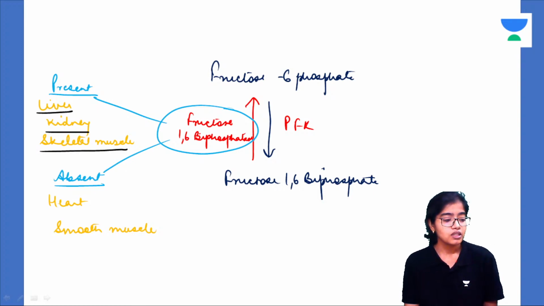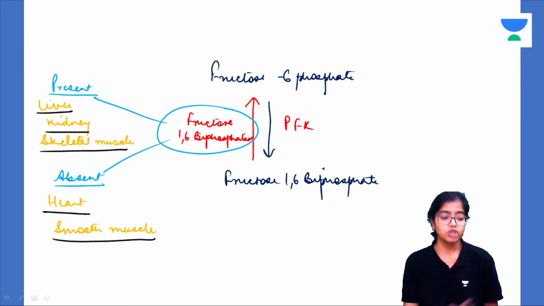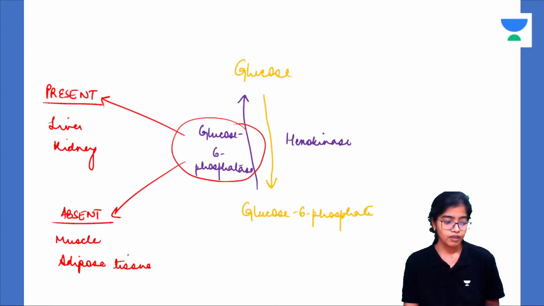So these three tissues can utilize fructose 1,6-biphosphate through the enzyme fructose 1,6-biphosphatase to produce fructose 6-phosphate. And where is it absent? It is absent in the heart and in the smooth muscle. You just have to remember this.